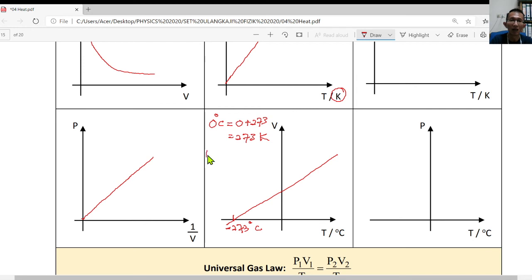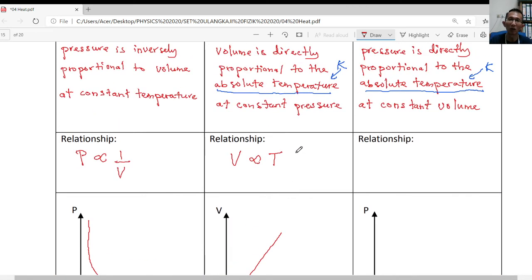If I have 100 degrees Celsius, that will be equivalent to 100 plus 273. So in Kelvin, that would be 373 Kelvin. Alright, follow.